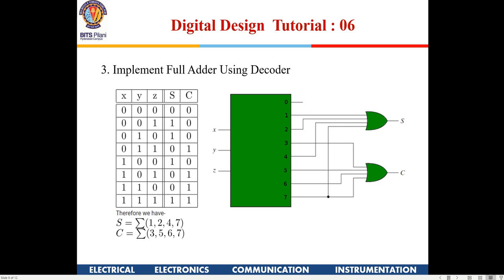suppose you take a full adder, it is a customized chip, whereas multiplexers and decoders are general blocks, you can use for any kind of application.